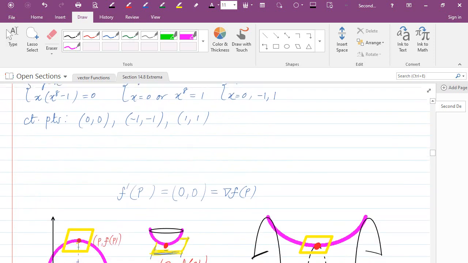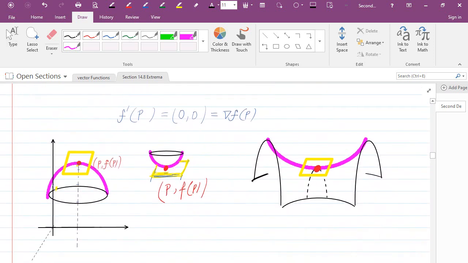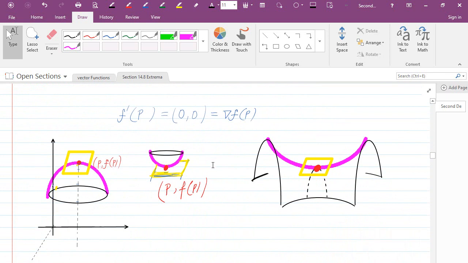So when we have a critical point at P, it means that the gradient of f at P is 0, 0.